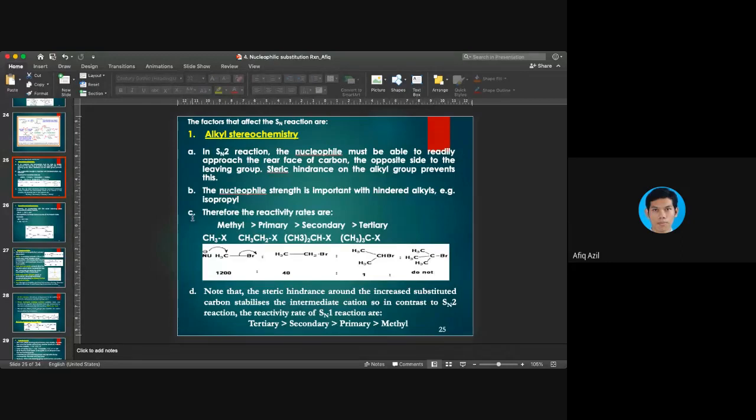If you still remember earlier, the reaction intermediate, tertiary carbocation is the most stable one. So the intermediate structure prefers to be in the most stable form. So that's why SN1 needs to be in a carbocation state. Hence, it prefers tertiary alkyl halide compared to primary or methyl.